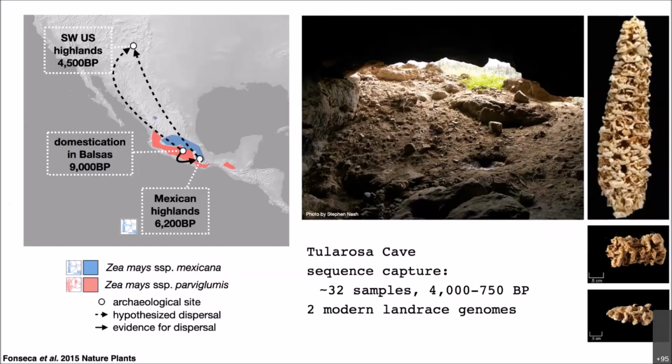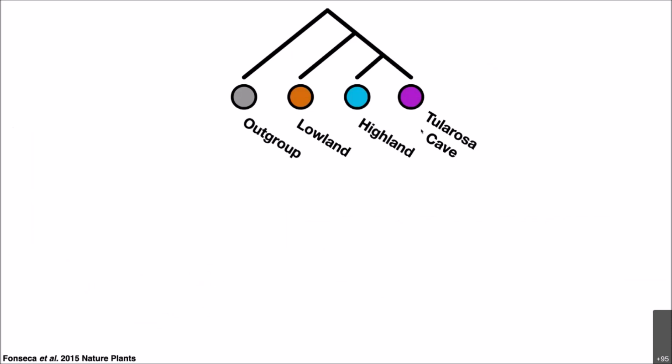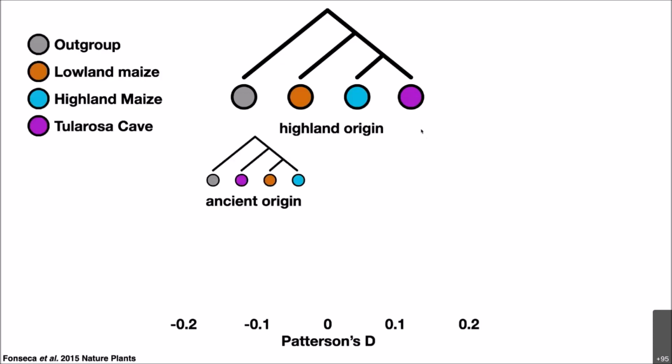And we did the simplest tree-based analysis using Patterson's D to compare our hypothesized tree, where maize in the Southwest US originated in the highlands of central Mexico, to alternative trees where there was either an ancient origin of US maize, or US maize had a lowland origin coming up the coast. We can just ask which of these trees is most consistent with the data with a statistic like Patterson's D, which is just looking at patterns of derived allele counts in the different tips on the tree.